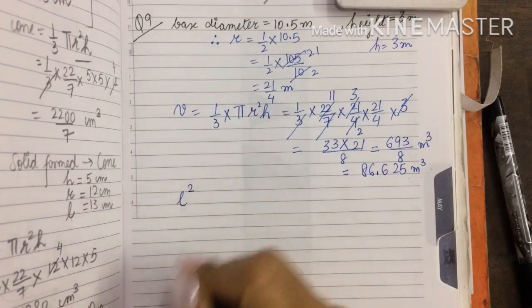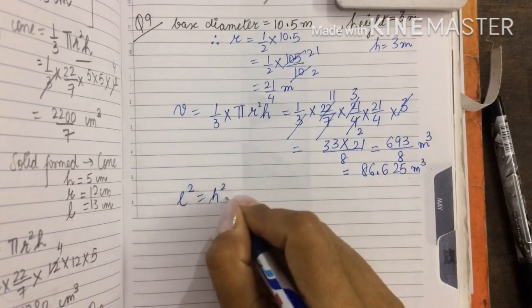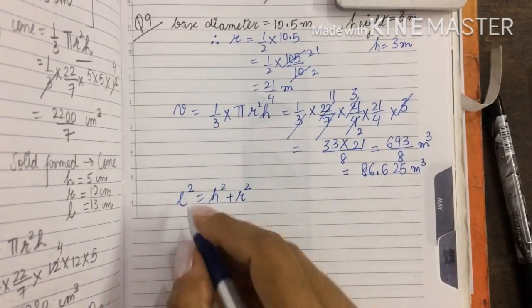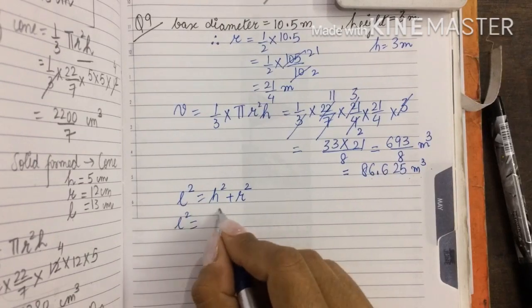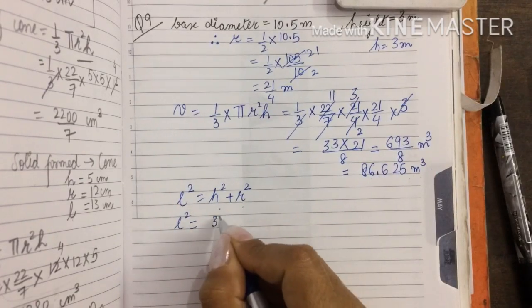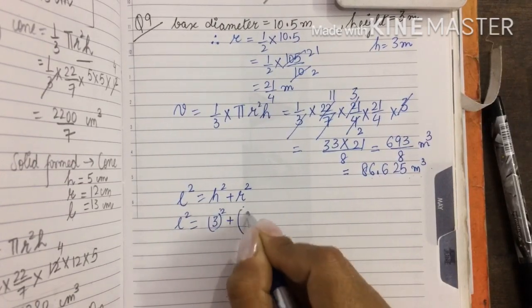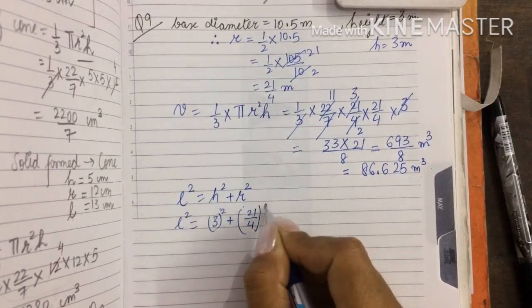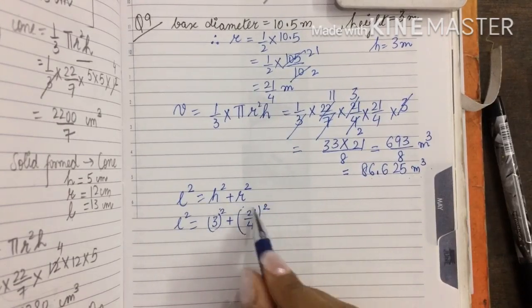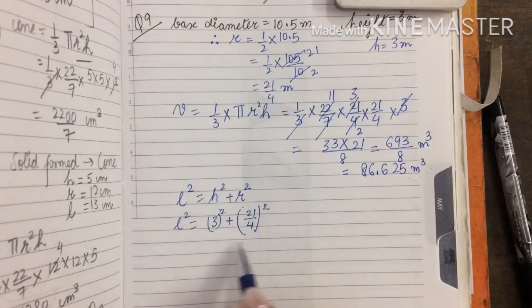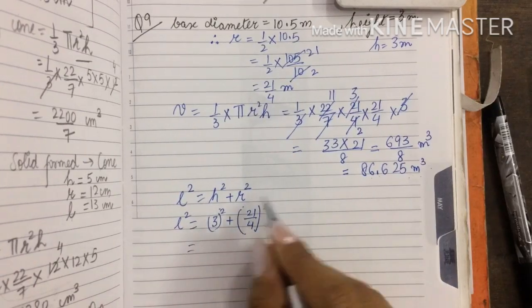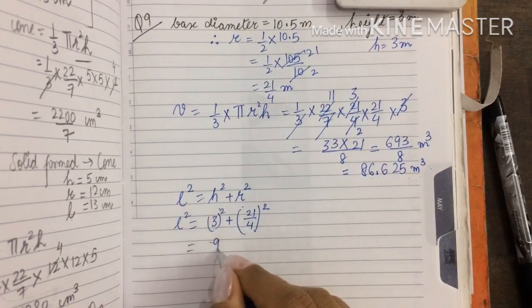For calculating the slant height, we have L square equals to h square plus r square, using the values of height and radius. Height is 3, the radius is 21 by 4 square. Now I'm going to convert this into a decimal number to simplify this, because later on I have to find out the square root.